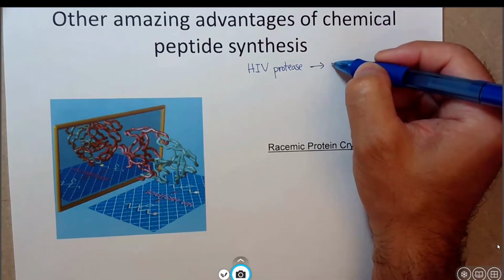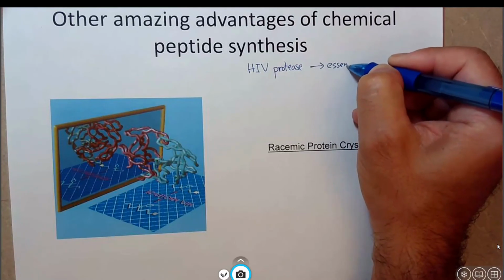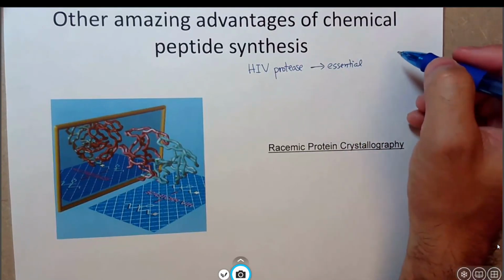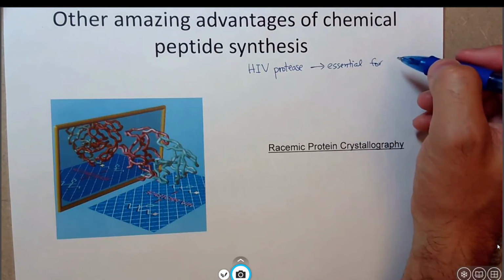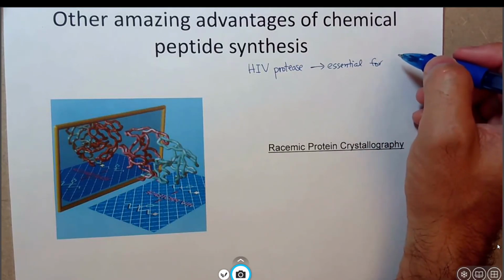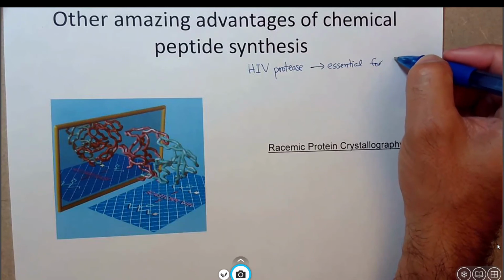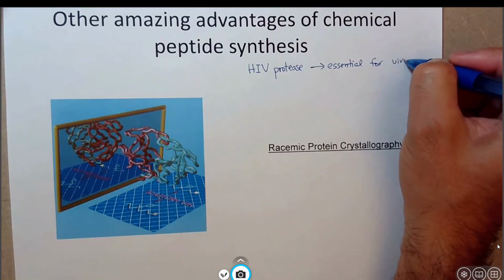So researchers have viewed this as a potential drug candidate, as a potential way to screen molecules because of its importance, essential for the virus life cycle.